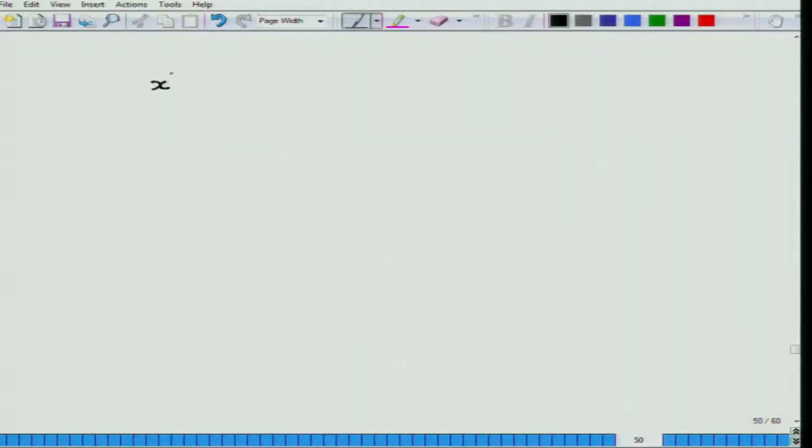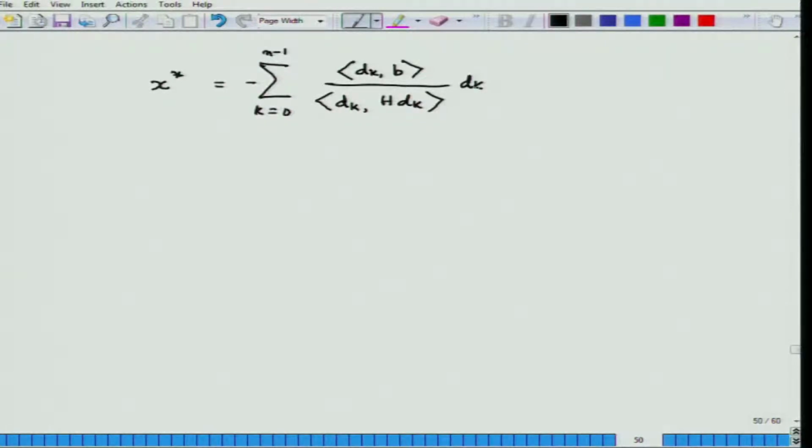Then x star can now be written as a summation, with a minus sign, k equal to 0 to n minus 1, of dk inner product b divided by the same dk h dk, into dk. This is exactly the expression.